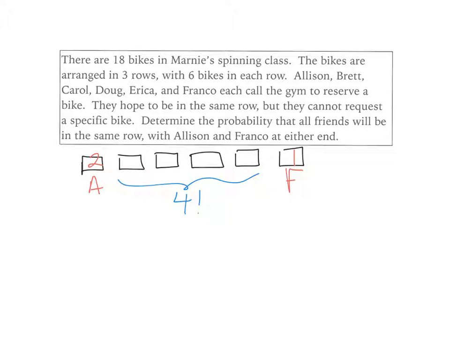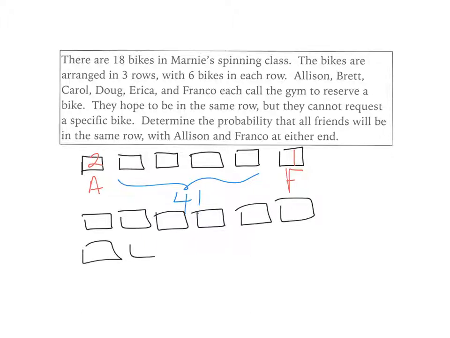So the other 12 bikes, which I told you you don't need to worry about too much, but they are there. They need to be considered too, because even though we're worried about A through F, the other people in the class or whatever are also there and are part of our possibilities.